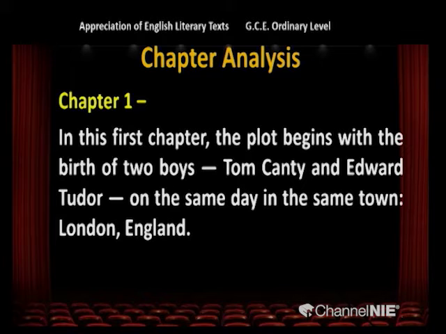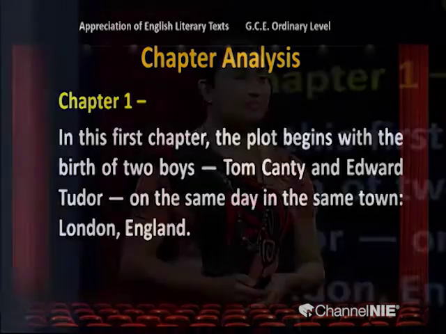In this first chapter, the plot begins with the birth of two boys, Tom Canty and Edward Tudor, on the same day in the same town, London, England. So, at the very beginning, the writer deals with the theme, which is the gap between rich and poor.